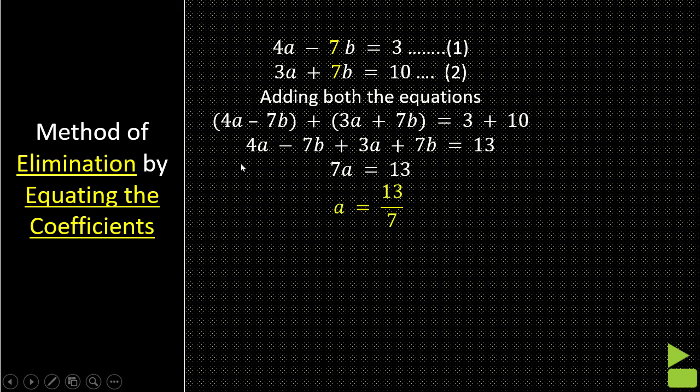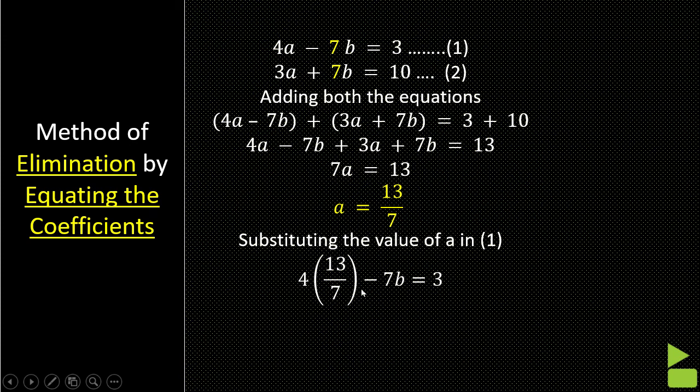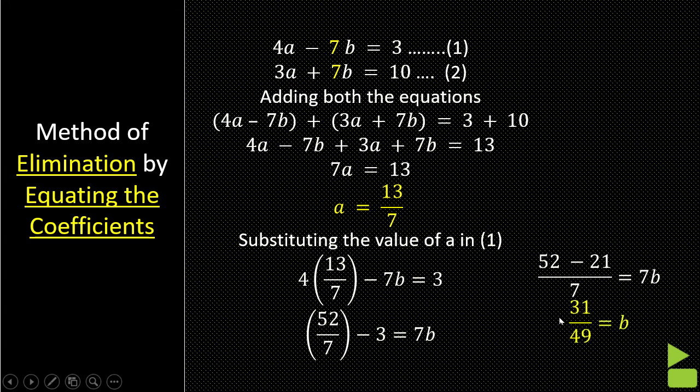Now we will substitute this a in any of the equations to get the value of the other variable. So I am substituting this a in equation 1. If we substitute 13 by 7 in place of a, it should be 4 into 13 by 7 minus 7b is equal to 3. If we solve this, we get the value of b as 31 by 49.